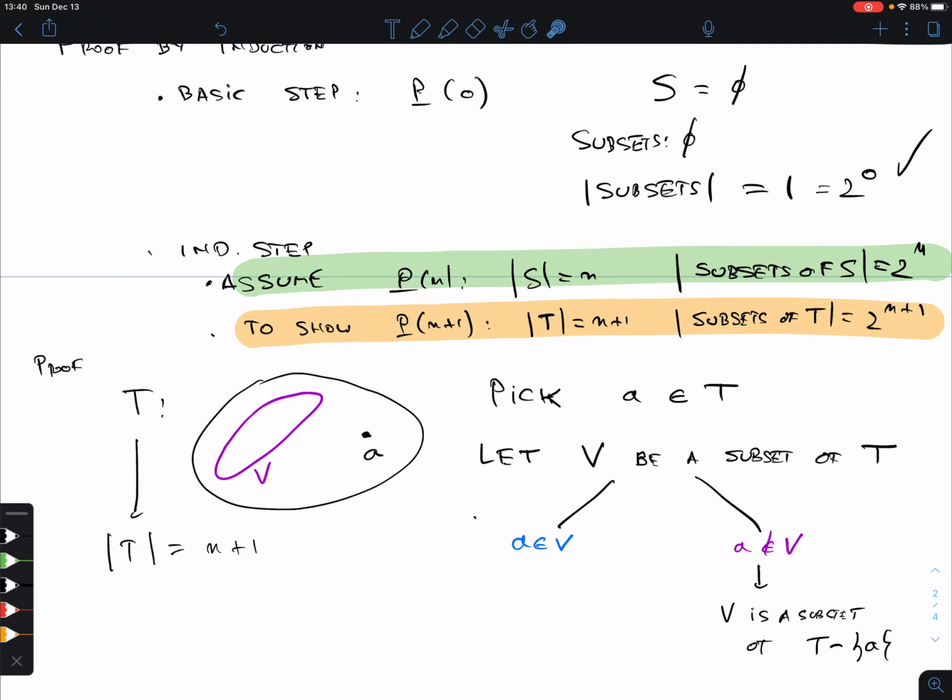So if you take an arbitrary subset of T, there are two types. And they're different types. So I'm going to count how many of these types there are and how many of those types there are, and then add the two together. That's how many there are going to be in total. That's the process I'm going to do. So I repeat: what I need to count is the number of subsets of T. I take one such subset and I divide this class, the subsets of T, into two different classes.